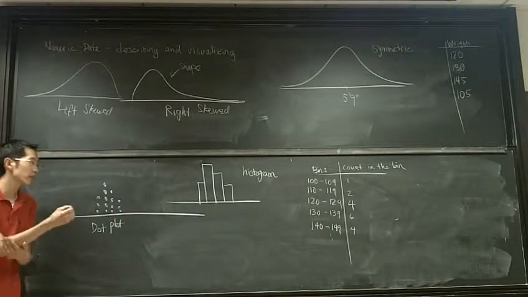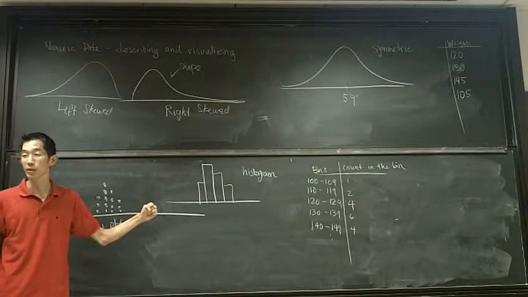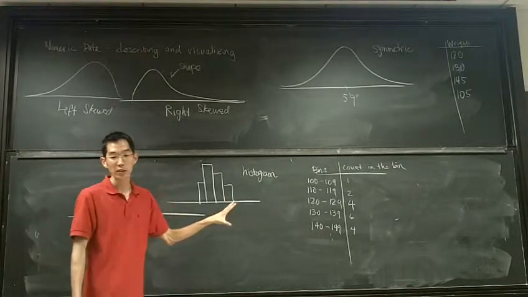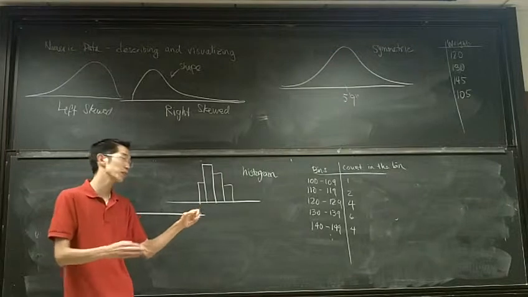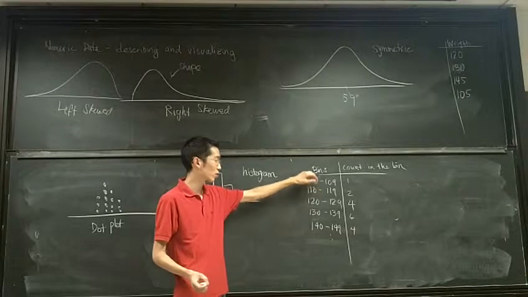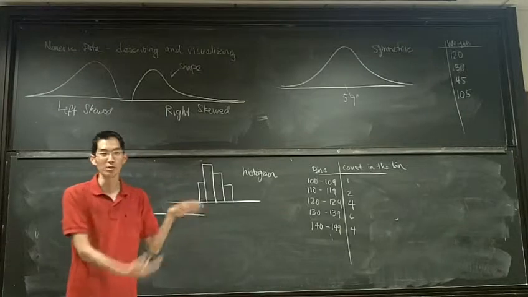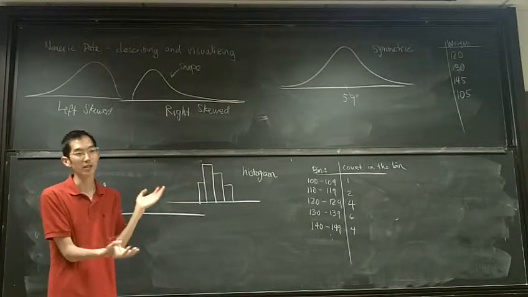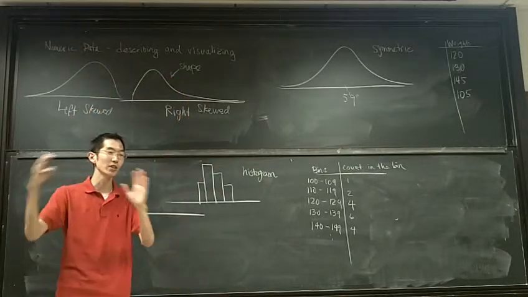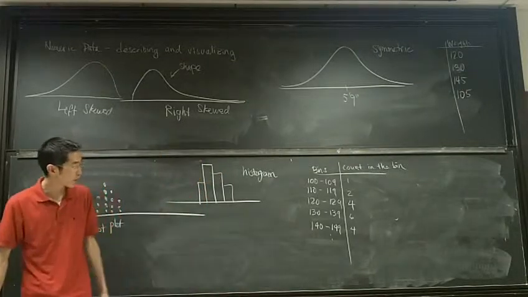If you choose to size your bins differently, your histogram might look very different. You'll see examples of this in the book, where sometimes the bins are too wide and sometimes too small. I could create a bin that goes from 100 to 199, and then 200 to 299, and you would lose a lot of information. You'd have one giant bin that contains almost everyone, and a couple of small bins with a few other people.